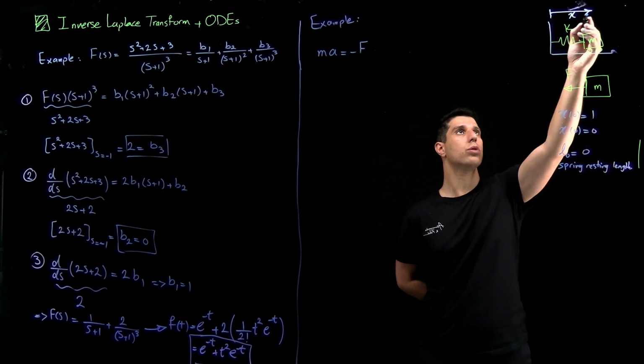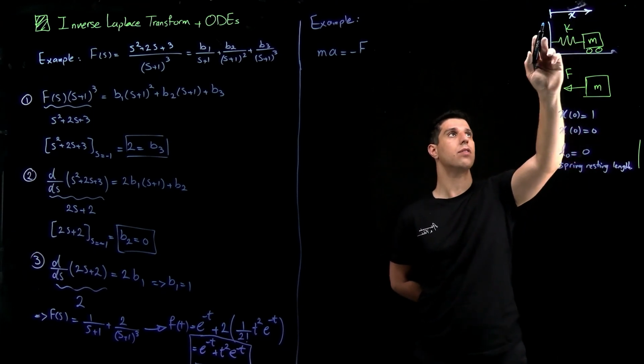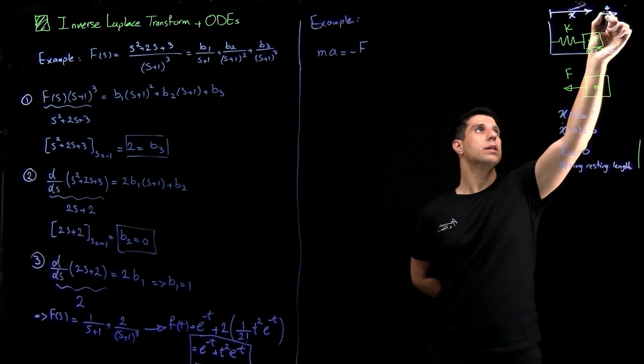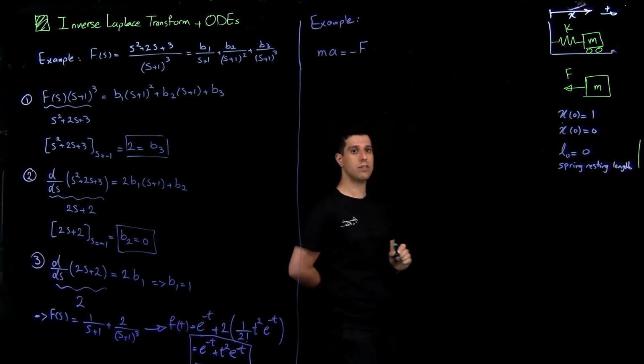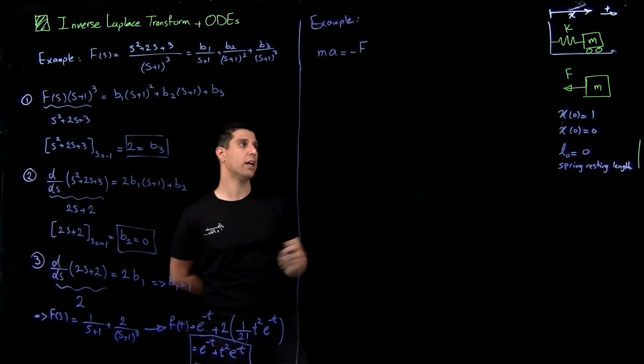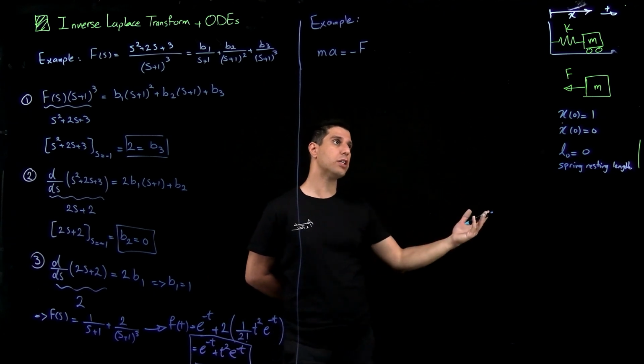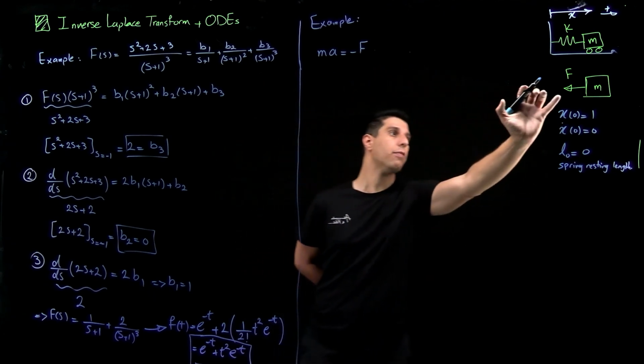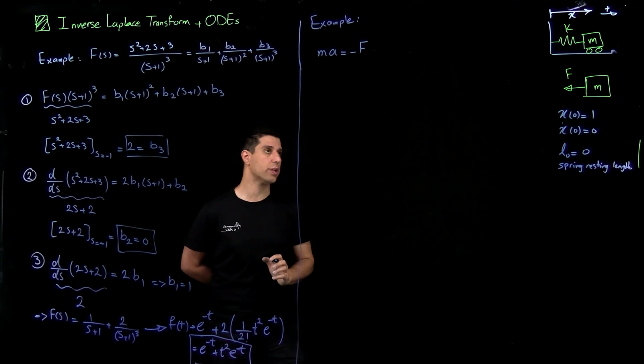Through this notation defining x, I've already mentioned that positive is to the right. So if acceleration is positive to the right, my F with this direction that I drew here is negative.